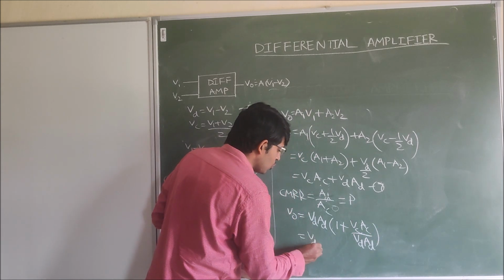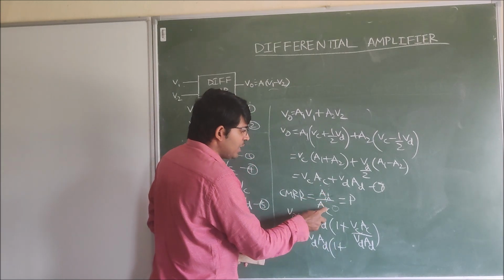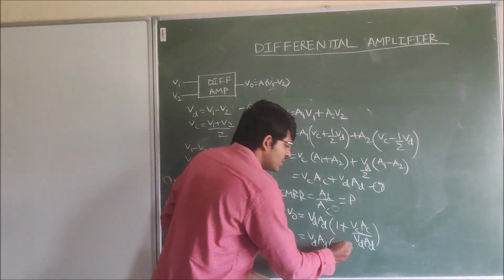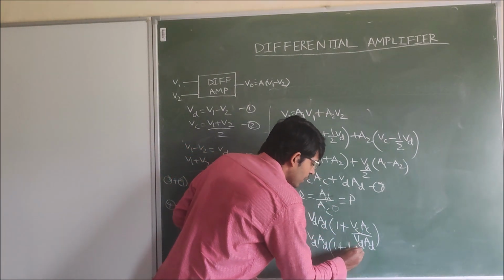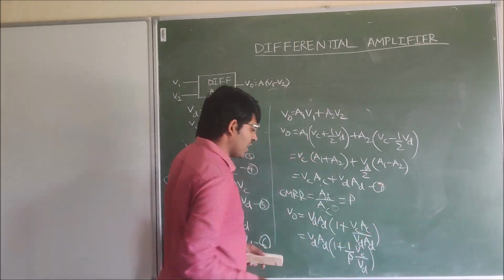So this is equal to Vd AD times (1 plus AC by AD into Vc by Vd). Since AD by AC is P, AC by AD is 1 by P. So V0 equals Vd AD (1 plus (1 by P) into Vc by Vd). This is the final expression.